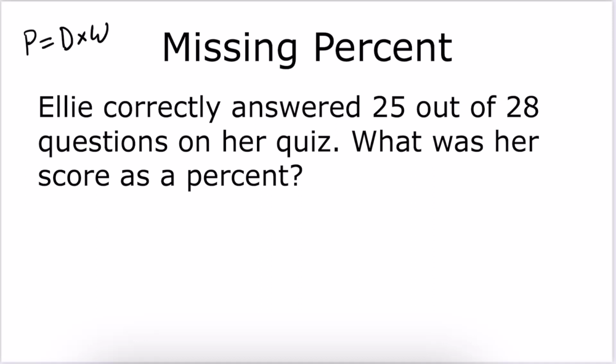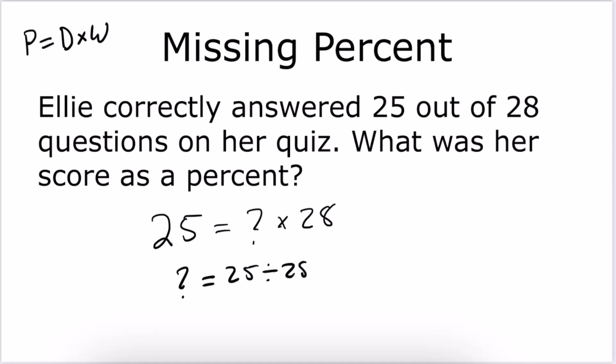When we fill in the information we know, she correctly answered 25. That's the part. We're looking for the percent, so I'm going to write a question mark in that decimal spot, times 28. With this equation, we can use fact families to know that the question mark is going to equal 25 divided by 28.